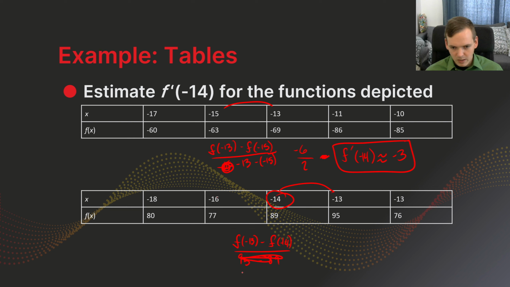It should be negative 13 minus negative 14. So 95 minus 89 will give me 6. Negative 13 minus negative 14 will give me 1. So f prime of negative 14 is approximately 6. And those are the two main ways that we'll end up estimating derivatives, from graphs and from tables.